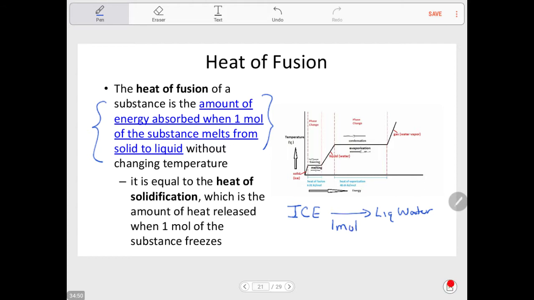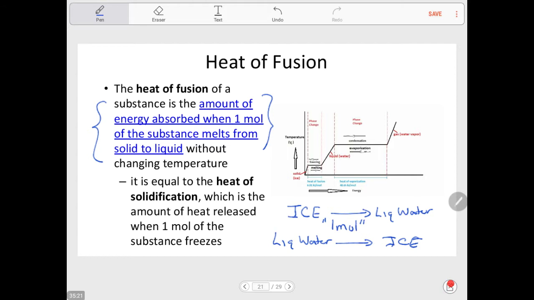Now again, I don't want to go over that too much because I explained what a mole was in the chemistry unit. Furthermore, this amount would be the exact same as if you had liquid water cooling off and changing states to ice. Now again, this is not generally about a change in temperature, but in general, if you have a body of water and it's cooling off, it has to go from the liquid stage into the ice phase.